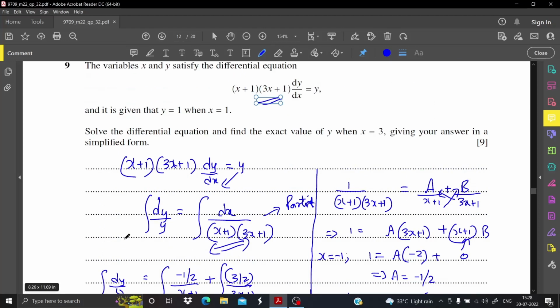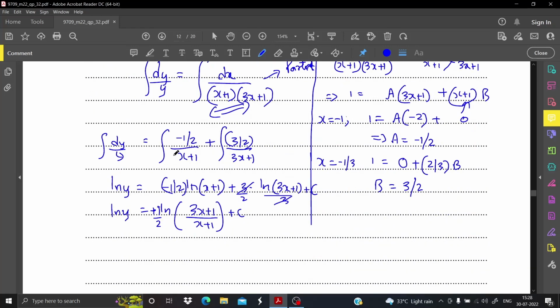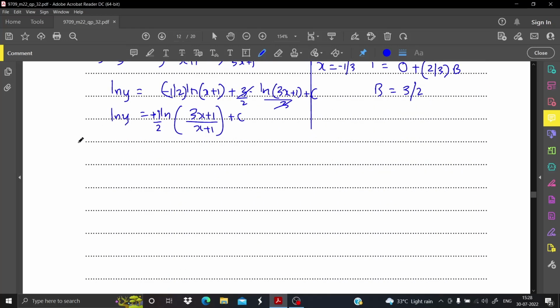It's given y as 1 when x is 1, the initial condition. So log 1 equal to 1 by 2 log, plug in 1 here. So 3 into 1 is 3 plus 1, 4, 4 by 2, so you get 2 plus c, and log 1 is 0. 0 is half log 2 plus c, therefore your c is minus half log 2.